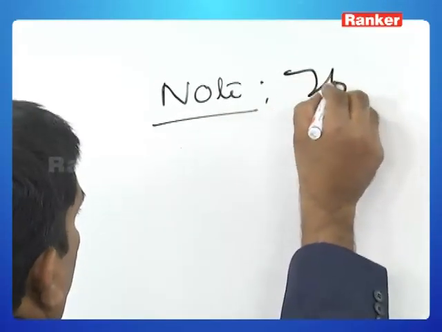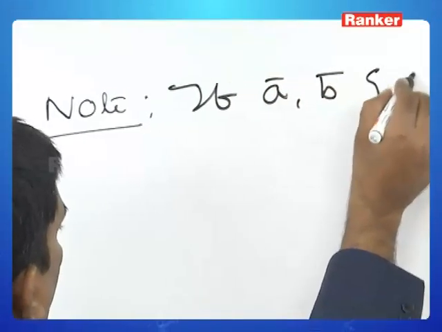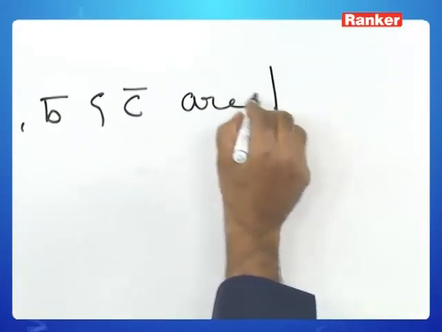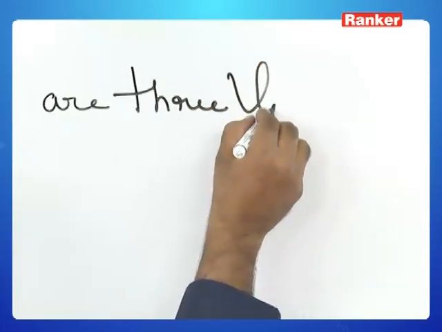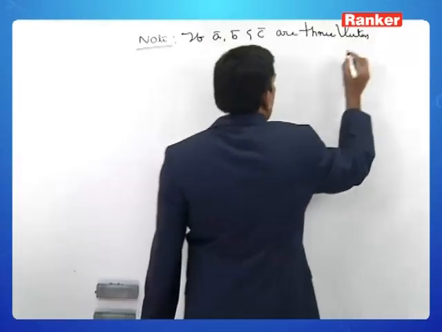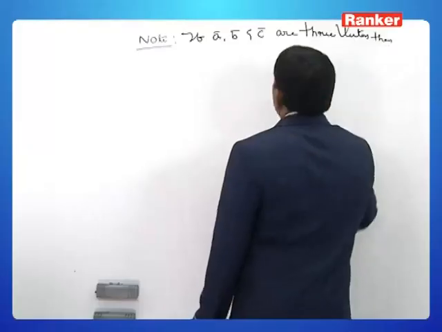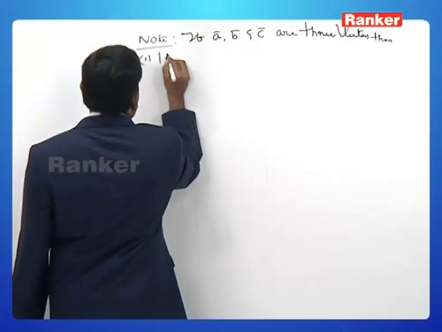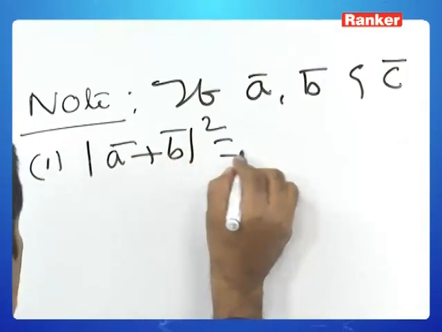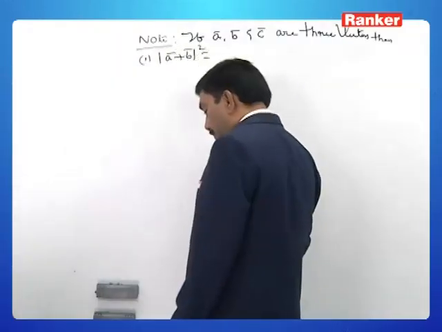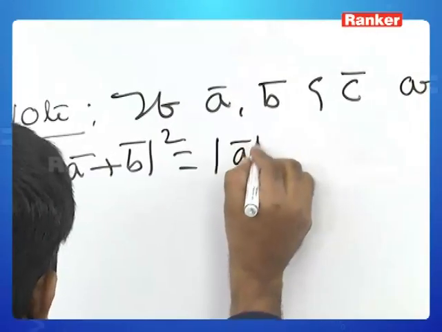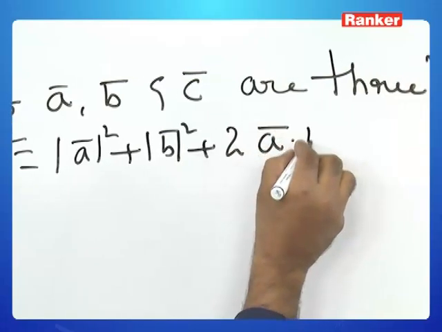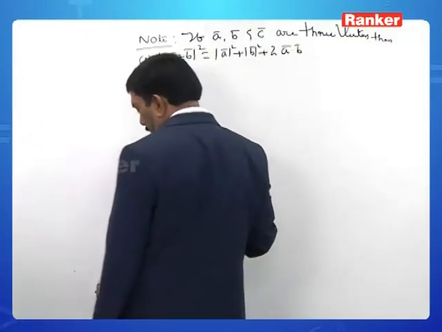If A bar, B bar and C bar are three vectors, then the very first one is modulus of A bar plus B bar whole square is equal to mod A whole square plus mod B whole square plus 2 into A bar dot B bar.